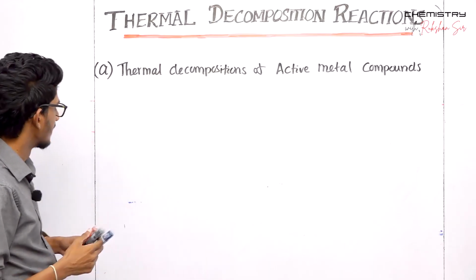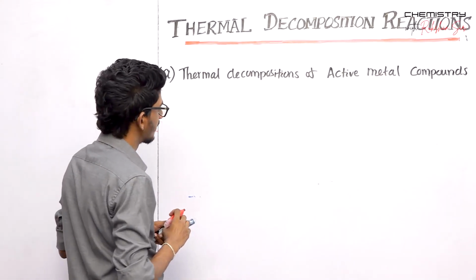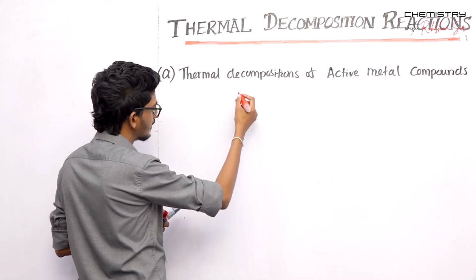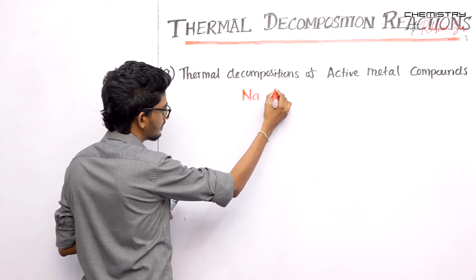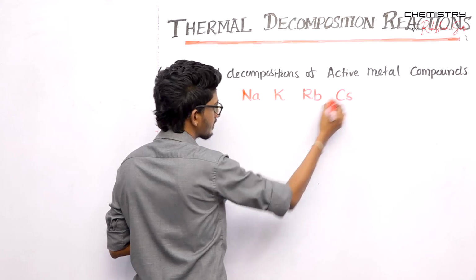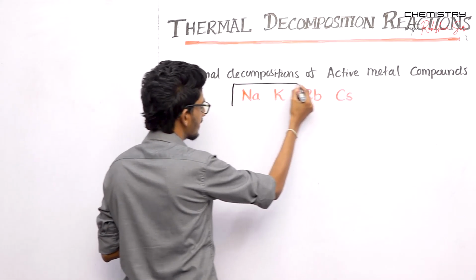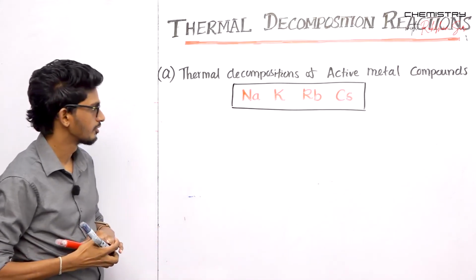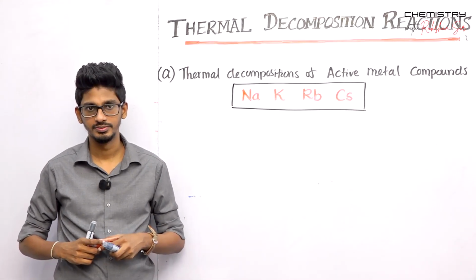So what are the active metals? Basically, other than lithium, the group 1 elements are known as active metals. So we have 4 elements there: sodium, potassium, rubidium, and cesium. We are going to discuss the thermal decomposition of their carbonates, bicarbonates, hydroxides, and nitrates.